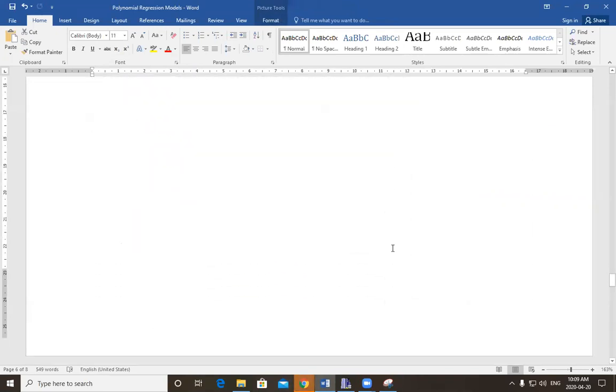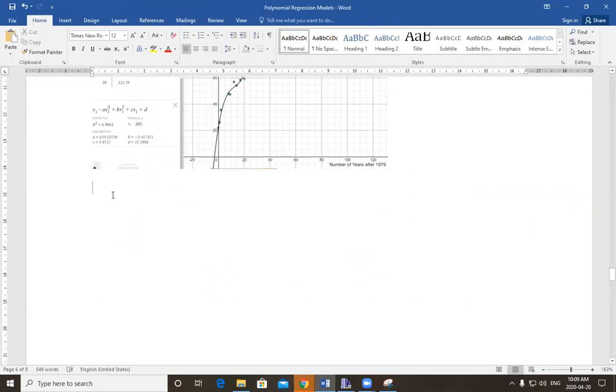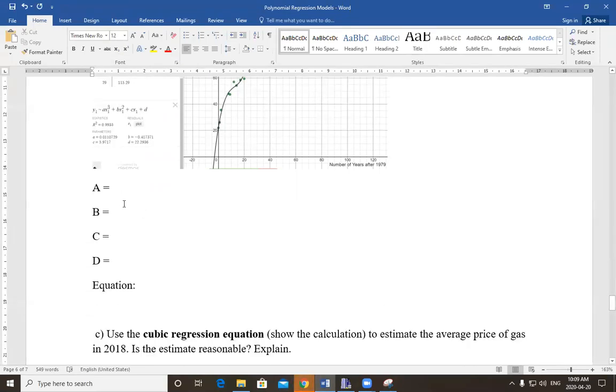Okay. So our A, our B, our C, and our D. Our A is 0.0110729. Our B value is negative 0.417371. Our C value is 5.9717. And our D value is 22.2936.